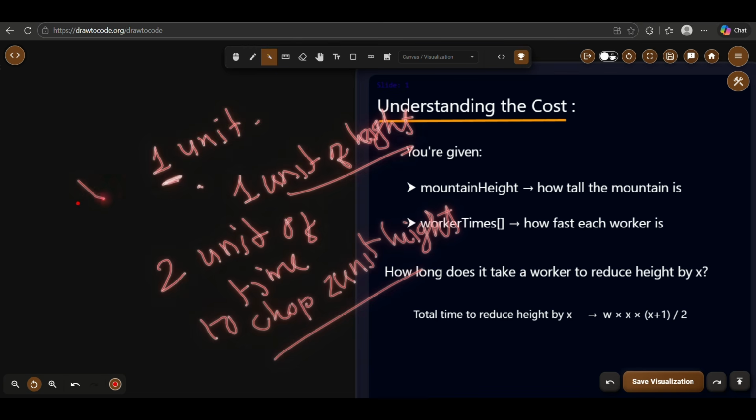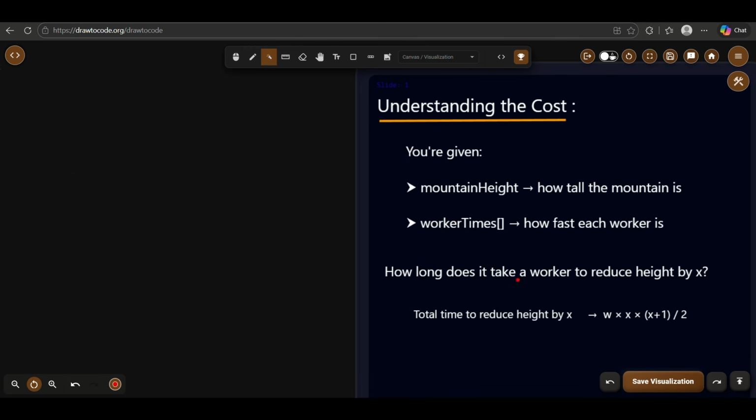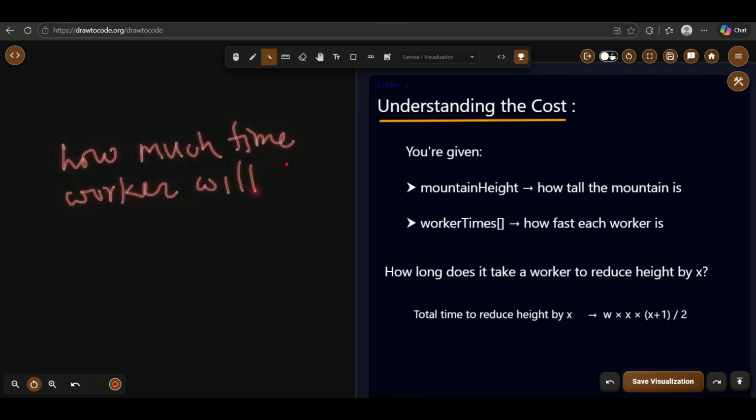But this is not true. Suppose we have to find how much time a worker will take to chop X amount of height.